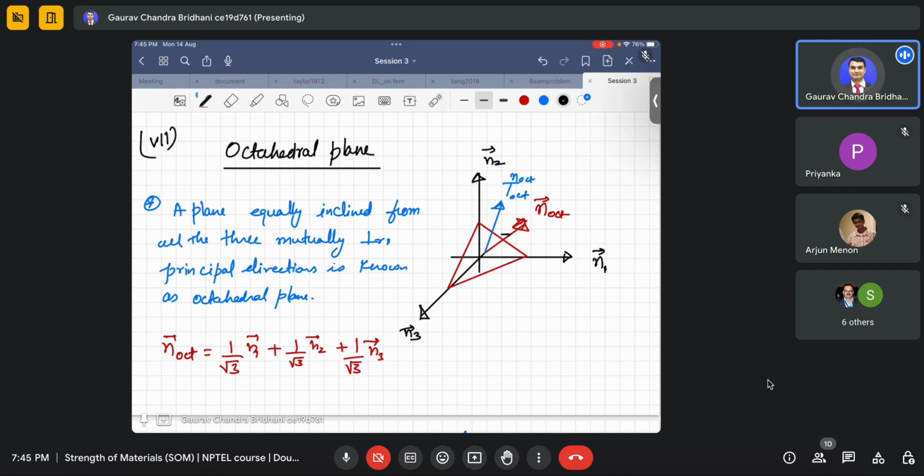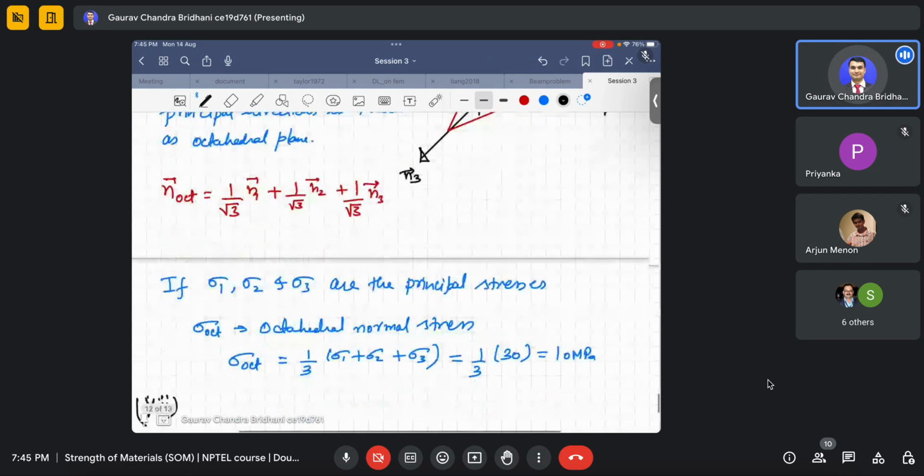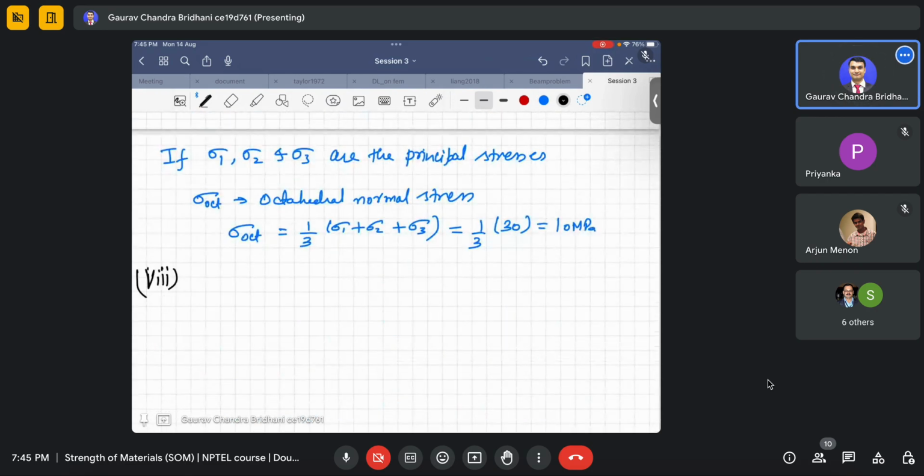One component will be along the normal, and another component will be on the plane. The plane component is the shear and the other is the normal. These two components we are finding. So here we'll find tau octahedral, that is the octahedral shear stress.